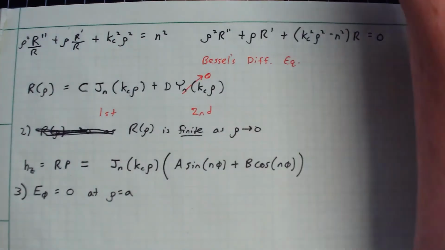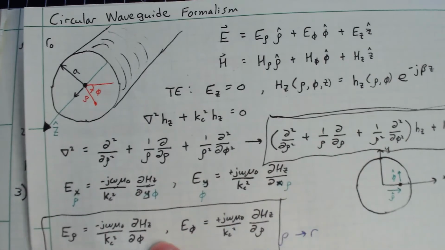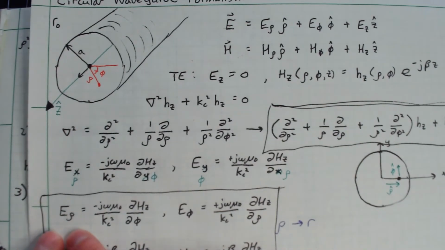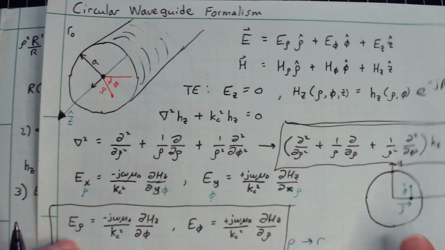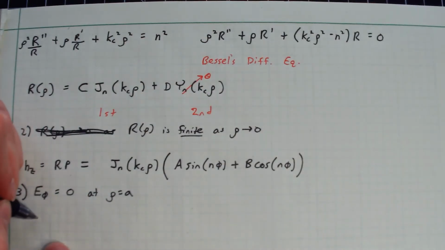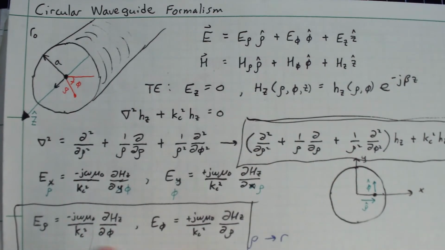This is now our solution here, which is going to tell us something special about the allowed values for k sub c. Remember, in a previous lecture, we found that if I know what my H sub z is, I can calculate my E sub rho just fine. And the e to the z isn't going to matter because this will be true at all values of z anyway. So I'm going to calculate my E sub phi, not rho here.